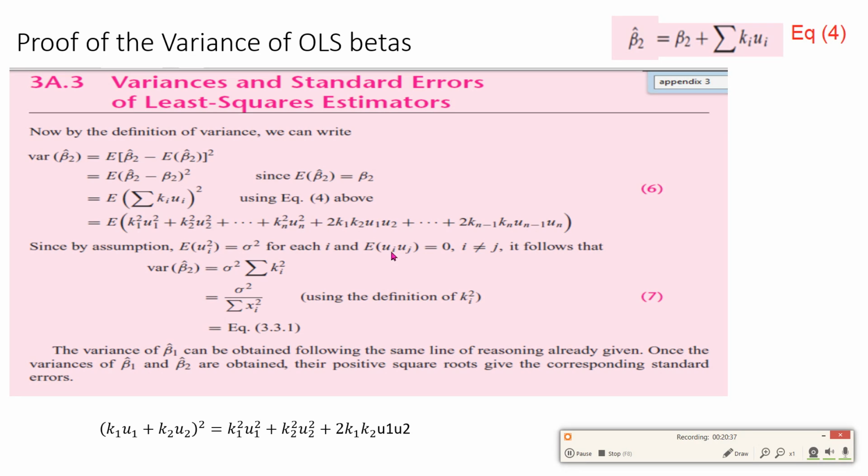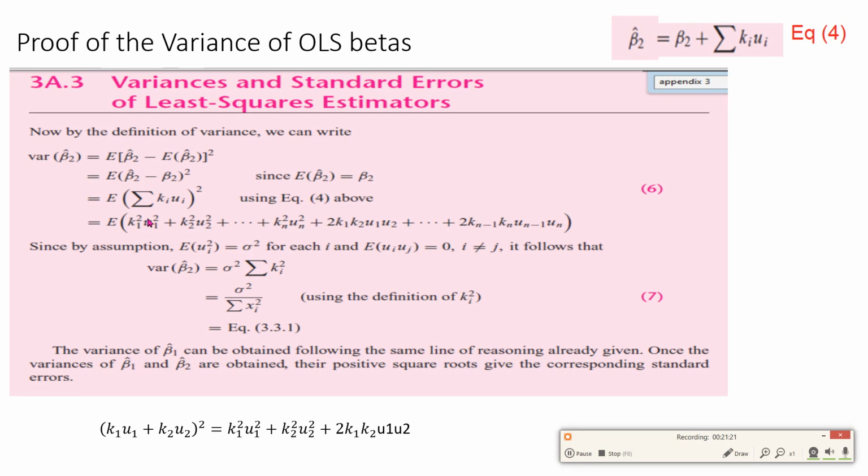That is, the expected value of ui and uj is 0, which comes from the structural definition of the residual term, because the ui series is assumed to be random, and there should not be any correlation between subsequent values. So if we have two different random values, there should not be any correlation between the residuals of those two values. So the expected value of ui and uj becomes 0, and as a result, once the expectation is applied, the cross product term becomes 0.